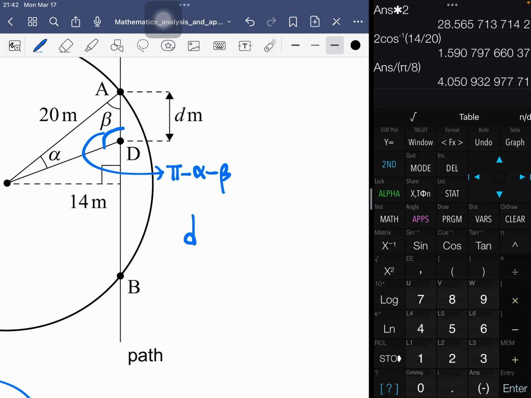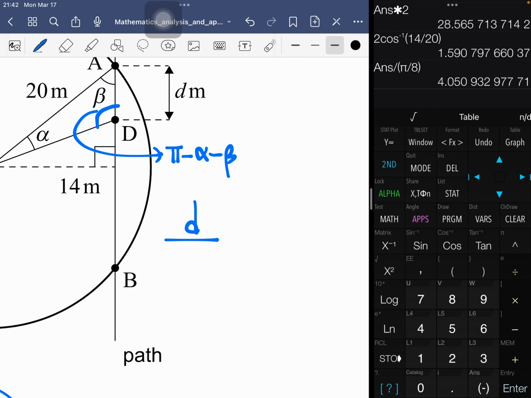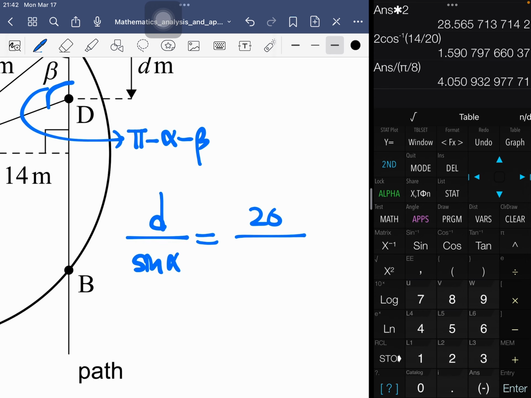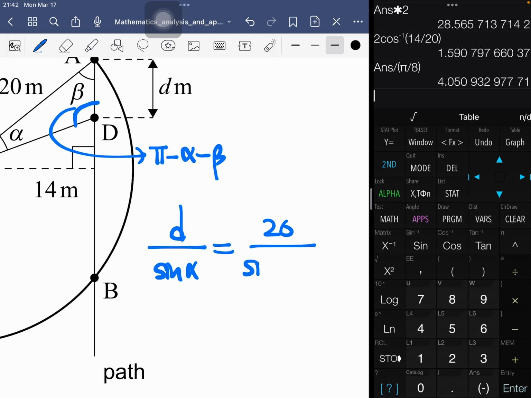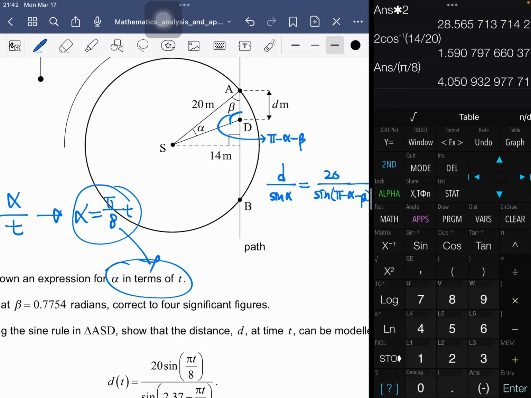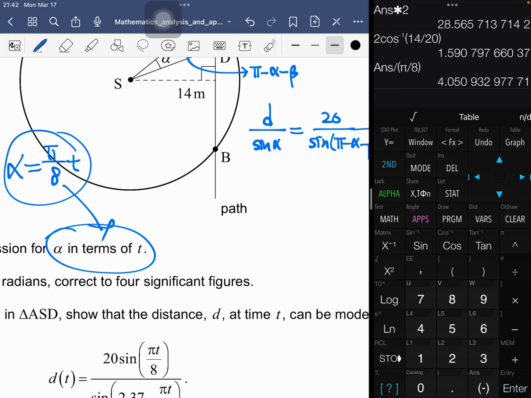d over sine of alpha equals 20 over sine of pi minus alpha minus beta. Because alpha is this value, we can input it here.